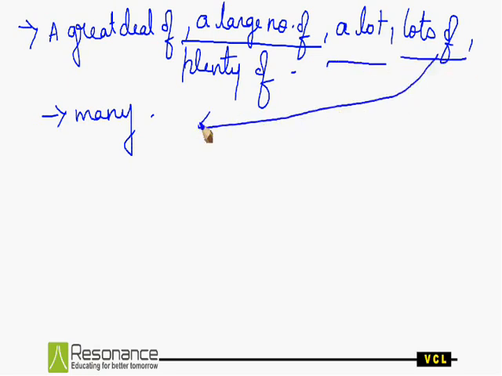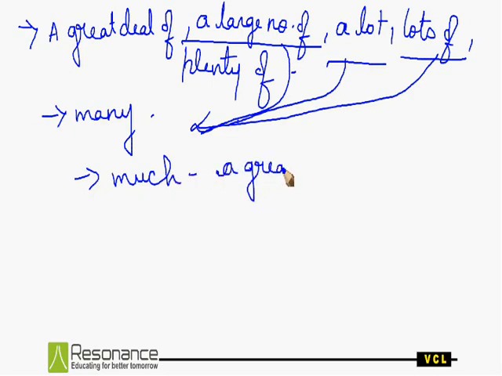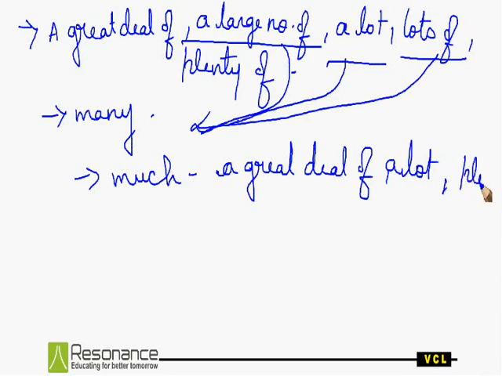These three are used in respect of many. And if we are talking about much, we use a great deal of, a lot, and plenty of. Like we can write, they have a lot of money or plenty of money.